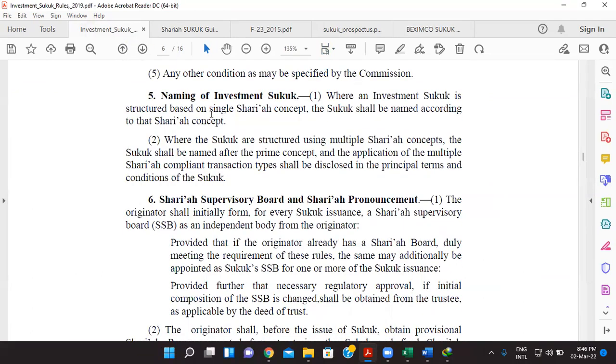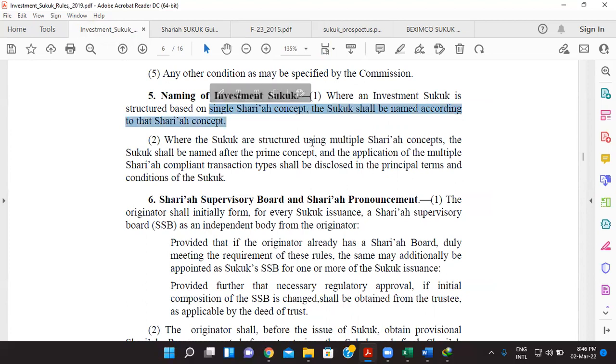Where an investment sukuk is structured based on single Sharia concept, you see, that single Sharia concept is istisna. The sukuk shall be named according to that Sharia concept. That is why the istisna is there.